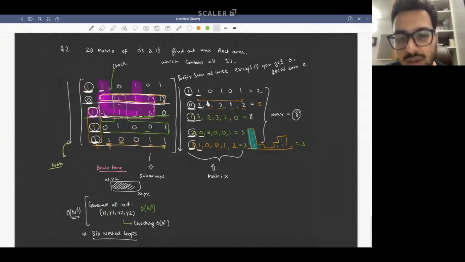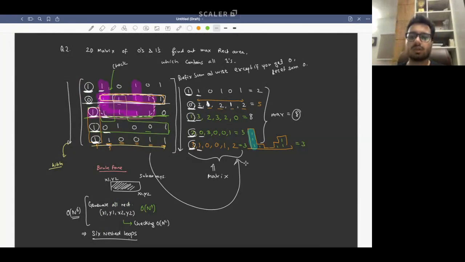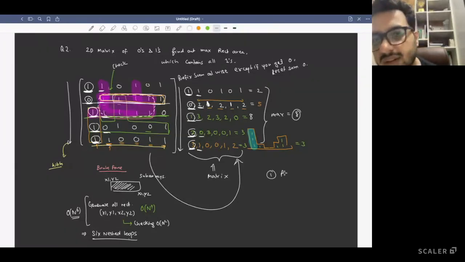So from here to here, how much time you will take to build this prefix matrix? Step 1, build the prefix matrix, order of n square. Fine.